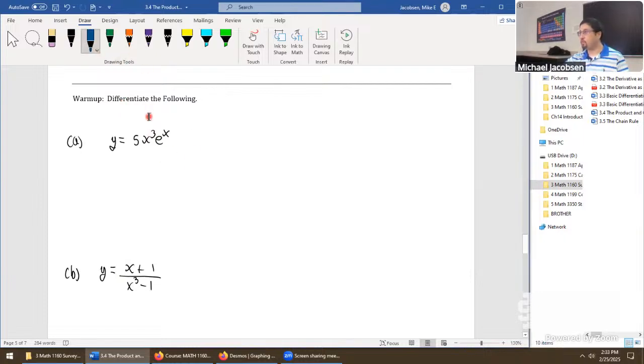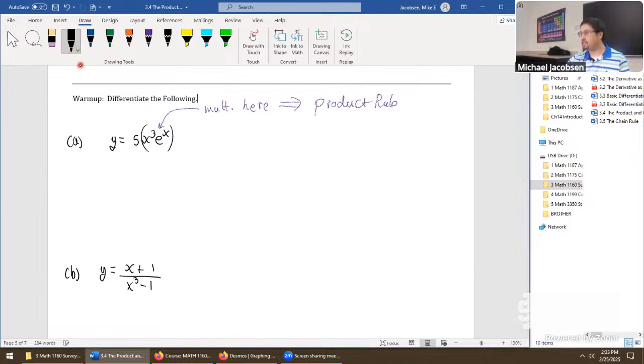First, on this one, what makes it a product rule is the multiplication between the 2 functions. So multiplication here implies we need to do the product rule process on it, which means we have to think in terms of what's the first factor and what's the second factor.